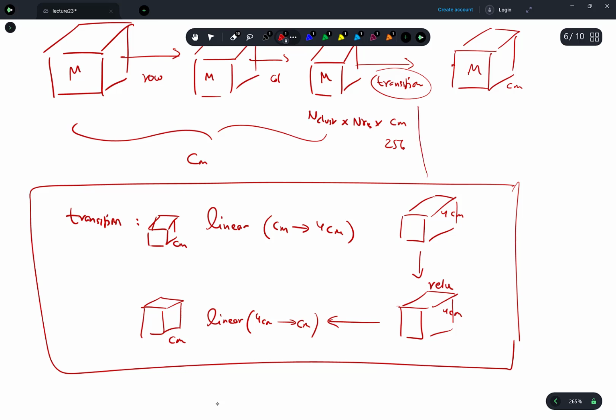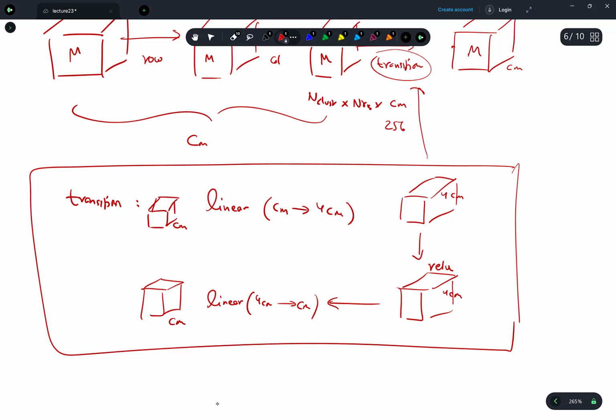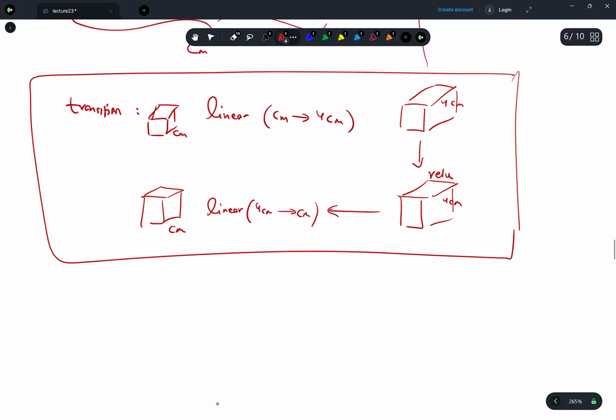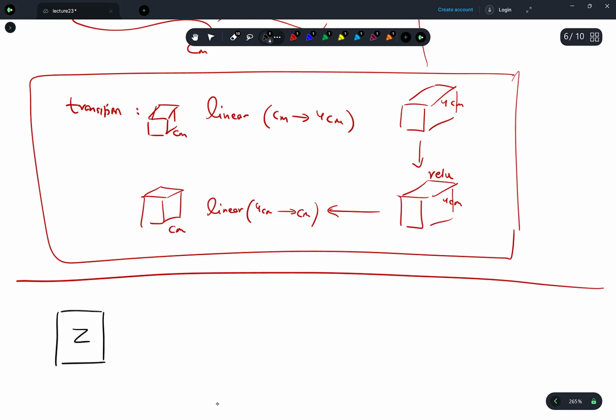Now what we do next is we have to start manipulating the pairwise. So now we come to Z, which is nres by nres by CZ. CZ is 128. Before they do anything, the idea is to make the information go back and forth between the MSA and the Z, between the M and the Z, right?